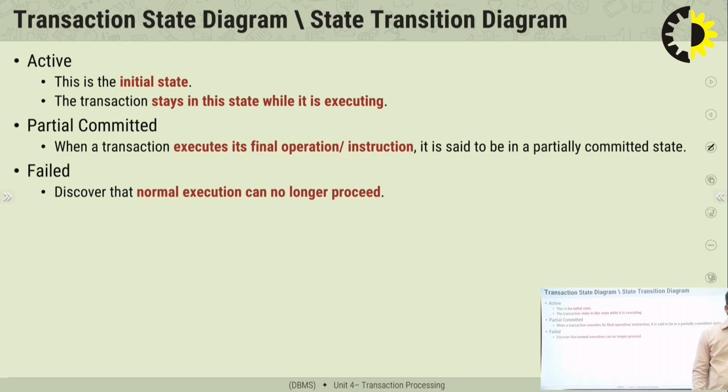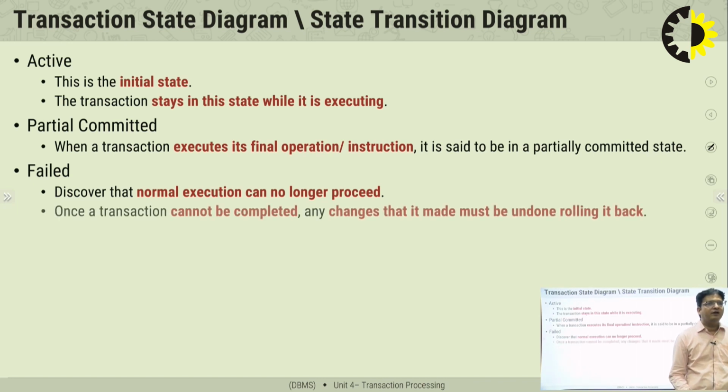Next, the failed state: when the system discovers that the normal transaction can no longer proceed, it is no longer performing the task that is desired, we say it is in the failed state. The transaction cannot be completed and any change that it has made must be undone, rolling it back.